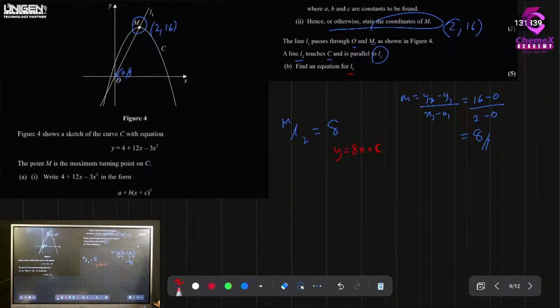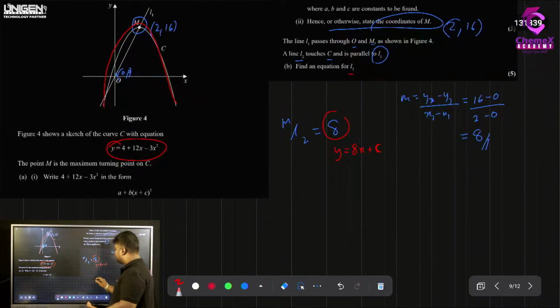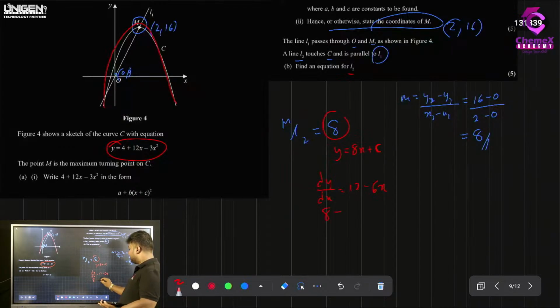Now, since it has a gradient 8 and it touches the curve, you can differentiate and equal it to 8. That means dy over dx of the curve is equal to what? 12 minus 6x. And I can equal it to 8. 8 equals 12 minus 6x. Then 6x equals 12 minus 8, that is 4. X equals 4 over 6, which is 2 over 3. So this is the x value.